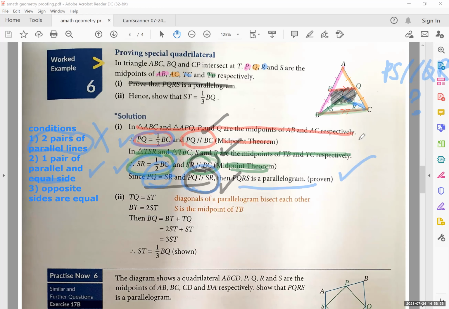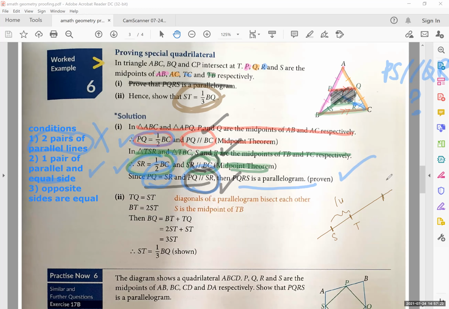Now, for the next part, they say that show that ST is equal to 1/3 of BQ. So where's ST? Oh my, ST is here. This is S. This is T. They say 1/3 means 1 unit of BQ.